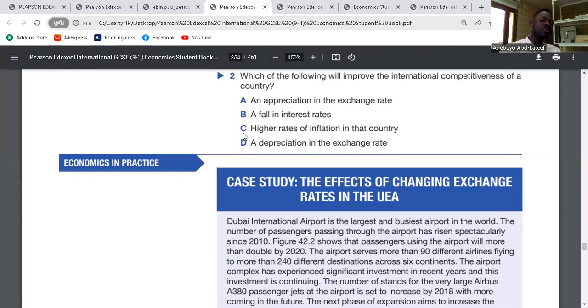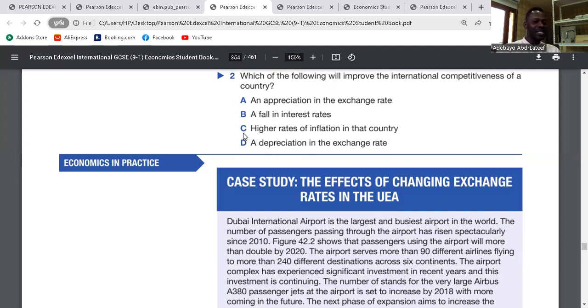B, a fall in interest rates. A fall in interest rate will bring about an increase in aggregate demand, which means purchasing power will increase. At the end of it all, a fall in interest rate will bring about a fall in the country's foreign exchange rate.